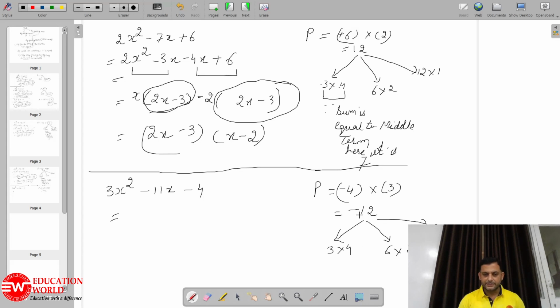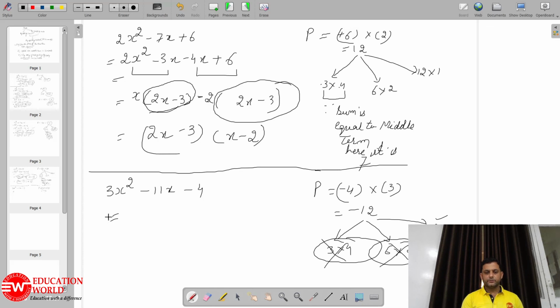But this time the product is negative. So I have to see that the difference of the numbers must be the middle number, 11. So this is not going to work. This is not going to work. This is also not going to work. So this is okay because the difference is 11.